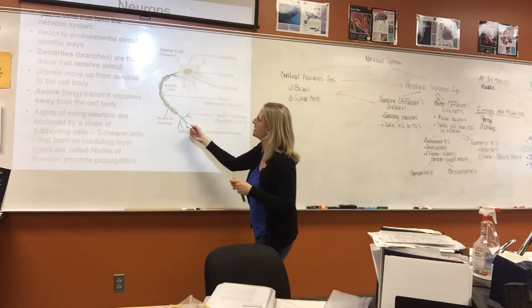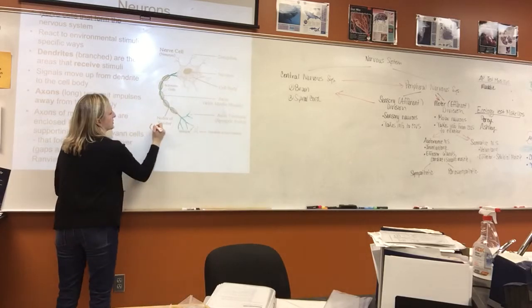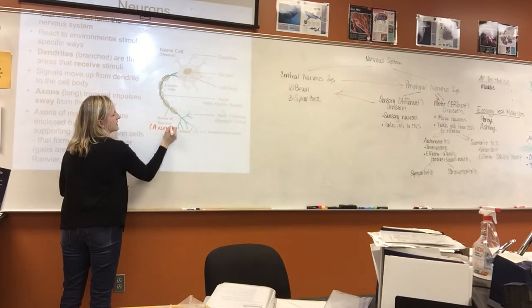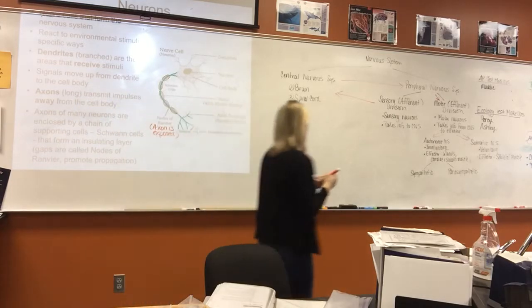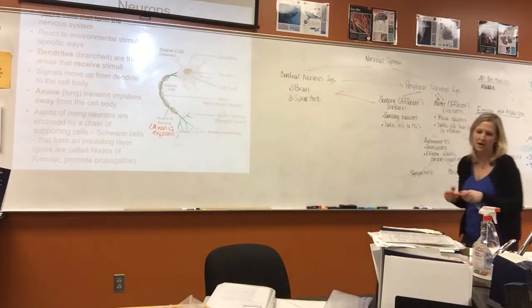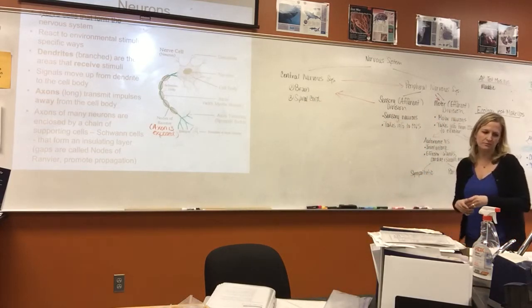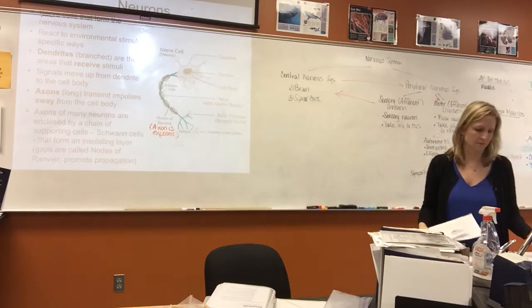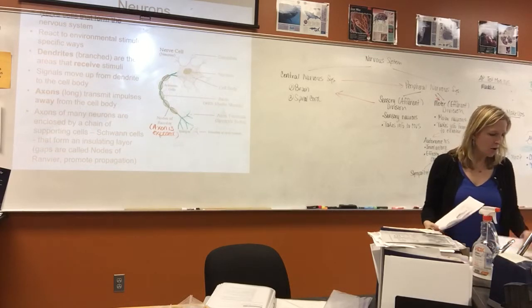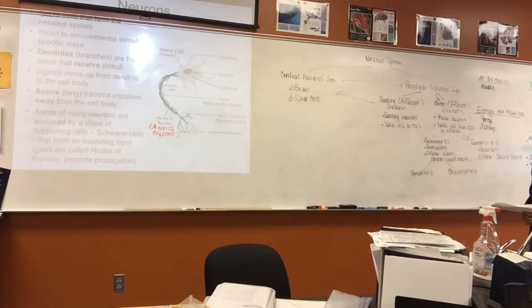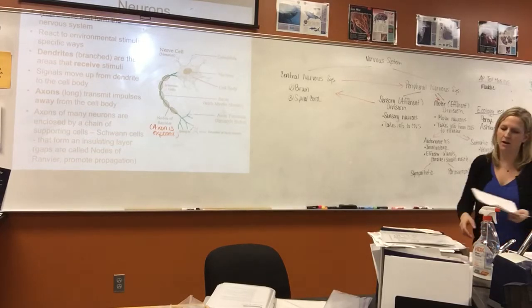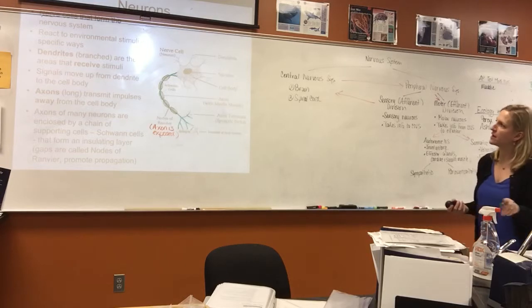So I'm going to put here nodes of Ranvier, the axon is exposed here. This is really important, that the axon is exposed at that particular area. So that's your basic idea there of the neuron and what it looks like.